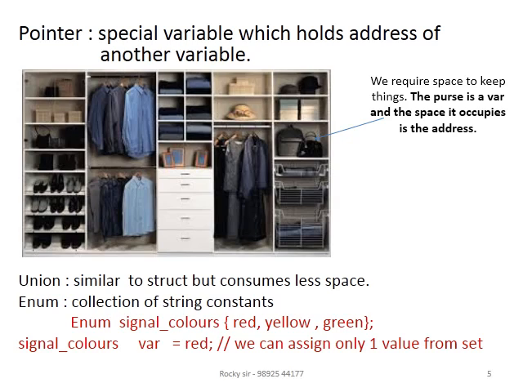Enum stands for collection of string constants. This is an example. I am declaring here signal underscore colors as a variable of type enum, that is enumeration. If hereafter I declare any variable, let's say var of the data type signal underscore colors, I can't store any value in var other than red, yellow or green.